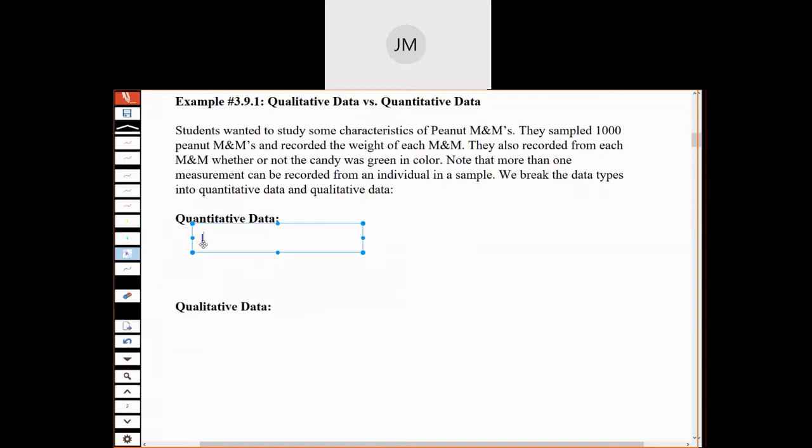let's start by labeling what is our individual. Right? Our individual is going to be one randomly chosen peanut M&M.